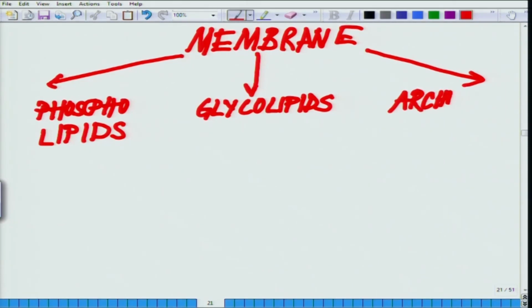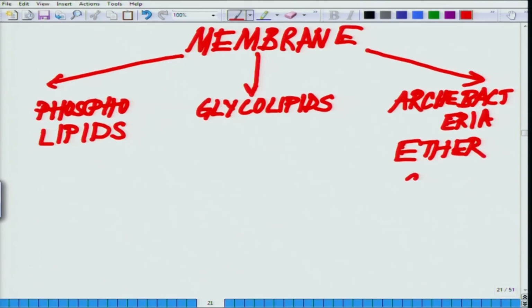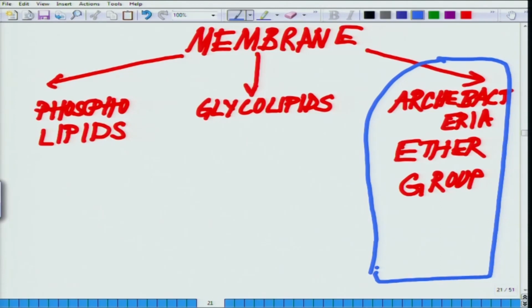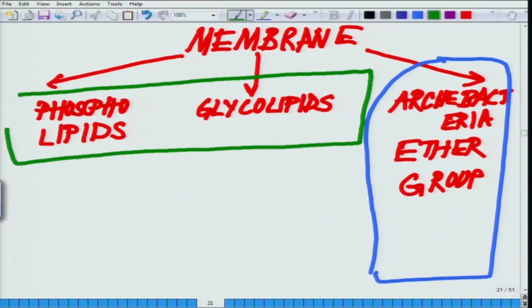We are not going to talk about these, just for your knowledge. They are not found in very many organisms, and these are called ether lipids. They have ether groups in them. This is the group which we are not going to really talk about in this course, because this is not really our major interest. Our interest lies with these 2 groups, glycolipids and phospholipids, because these are the lipids which constitute the major chunk of the membrane.